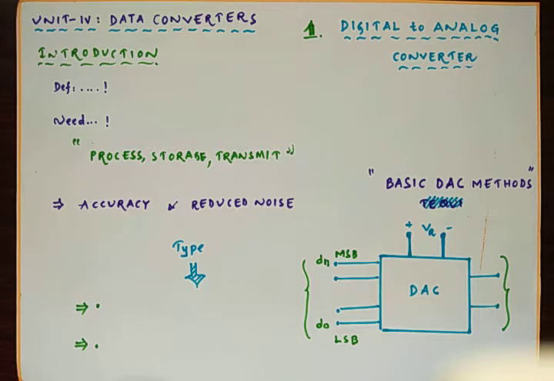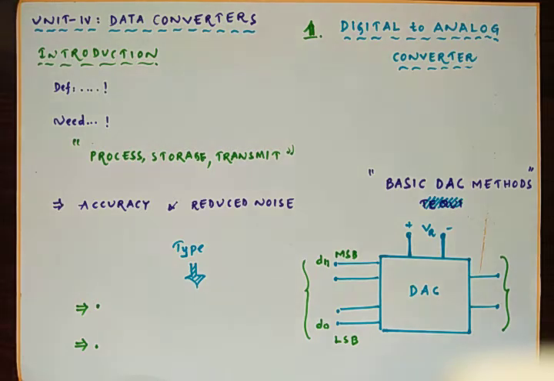But we are using a digital system which can understand only digital signals, so the data has to be converted into digital, then processed, then it gives the primary results, and those primary results have to be converted into the analog form. So in digital communication, we are required to have analog to digital converters and digital to analog converters.